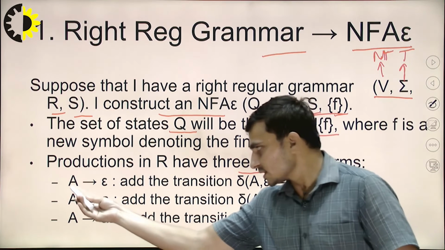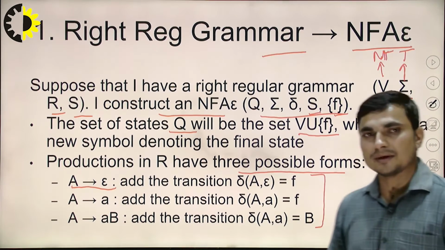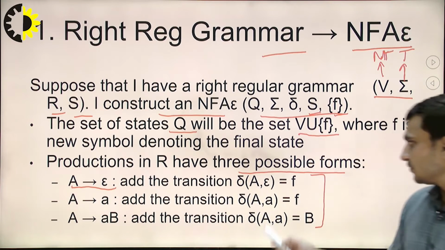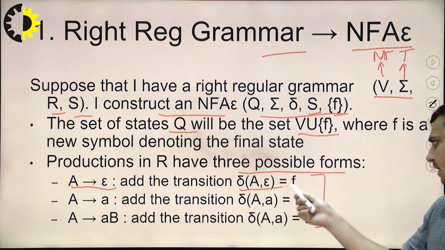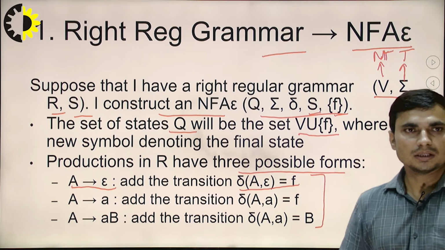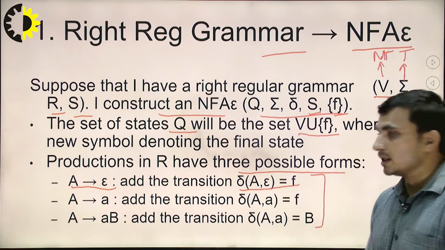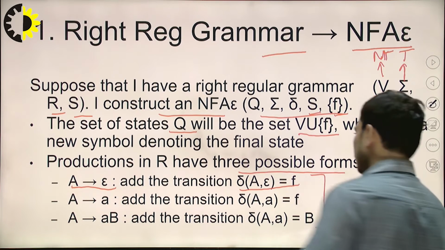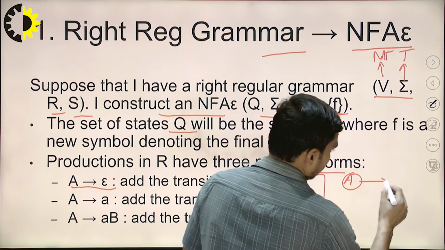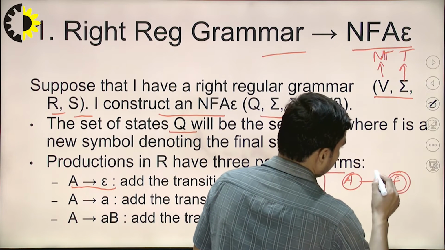If the production is of the form where we replace A with epsilon, that is, A produces epsilon, then we add a transition delta(A, epsilon) = F. That means A reads epsilon and reaches the final state. So, suppose we have the state A, and we reach the final state F by reading epsilon.